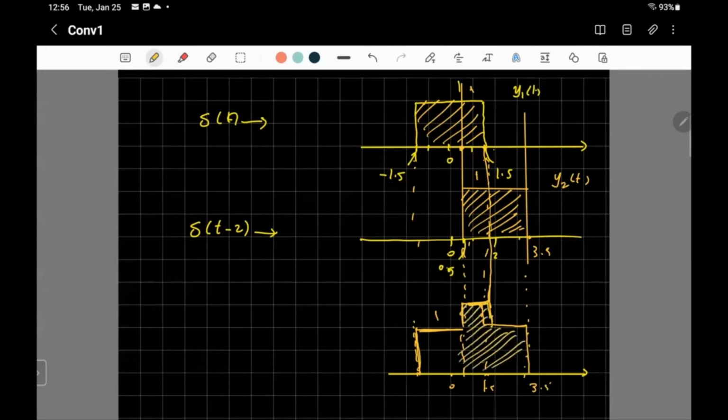Because of adding, that will be the output. So you can get the output using superposition. I did that for you in the notes, which I'm going to publish in the Fourier system. I made a simple exercise for you.